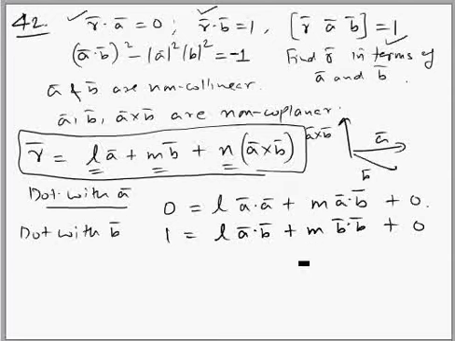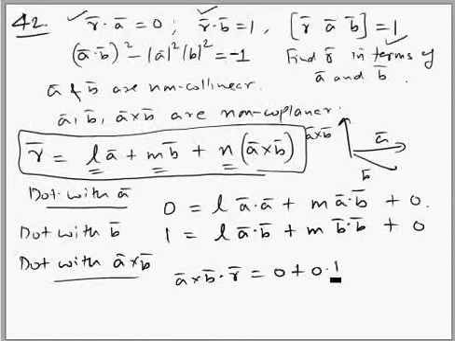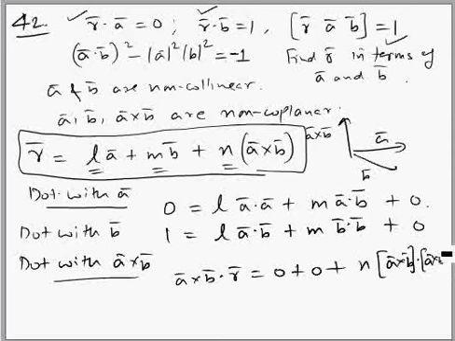Now we can also take dot with a cross b. The first two terms become 0. The left hand side is a cross b dot r, which is 1, equal to N times a cross b dot a cross b, so 1 equals N times mod of a cross b square.